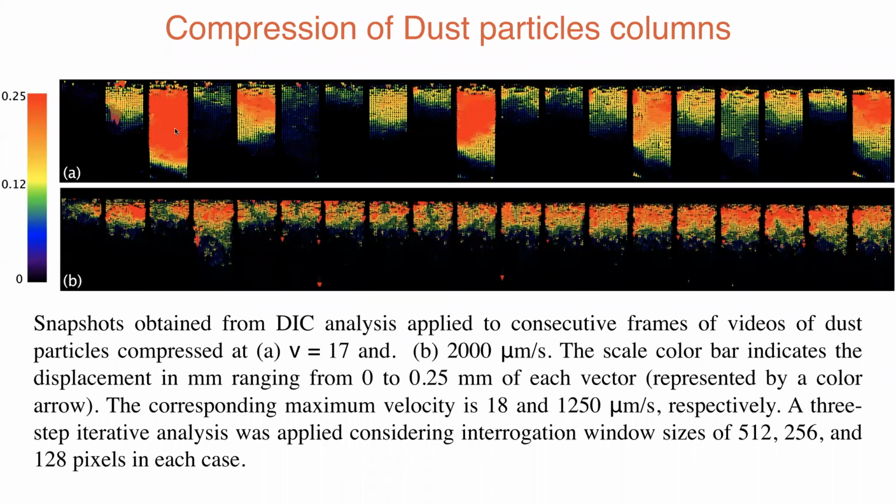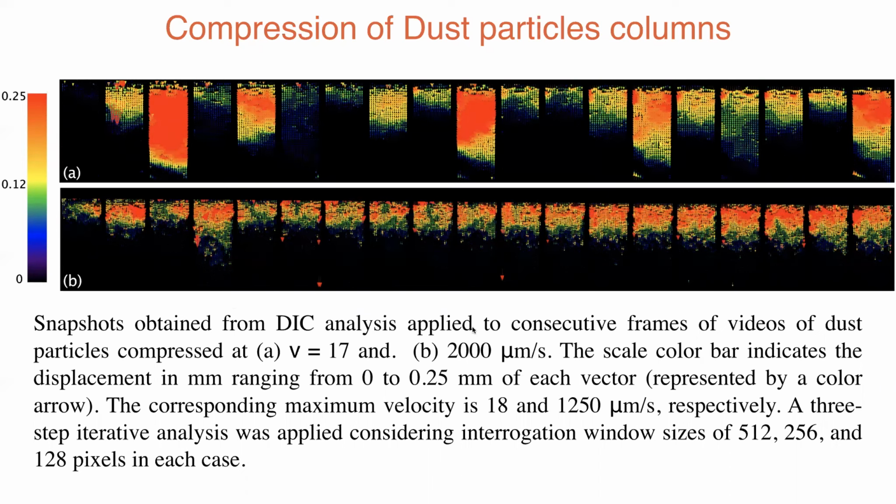The red means that all the particles are moving very fast, and black means that they are not moving. So as you can see here, there is a moment when all the particles are moving, and in the next frame, they basically are not moving. But then you continue increasing the stress up to a moment where, again, all the particles move. So there is this periodic compression where all the particles move inside the granular sample.